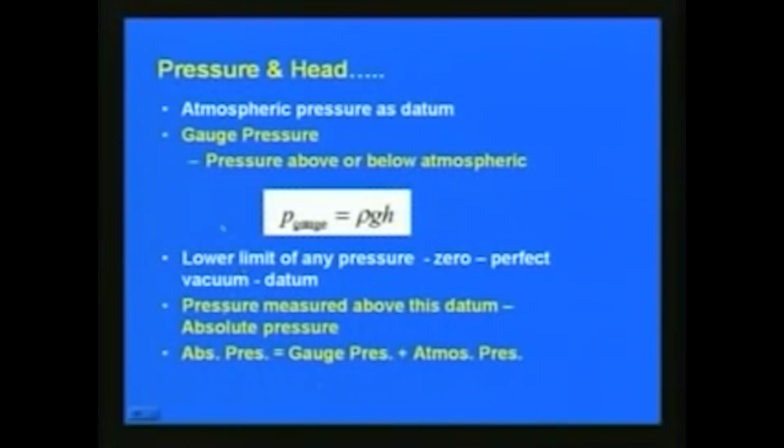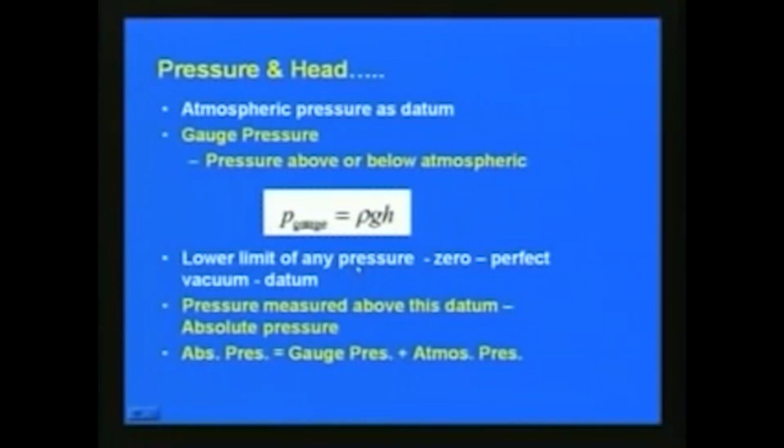So, P gauge is equal to rho g h, as we have seen in the previous slide. As we know, the lower limit of any pressure is 0, for the case of perfect vacuum, and pressure measured above this datum is called the absolute pressure.